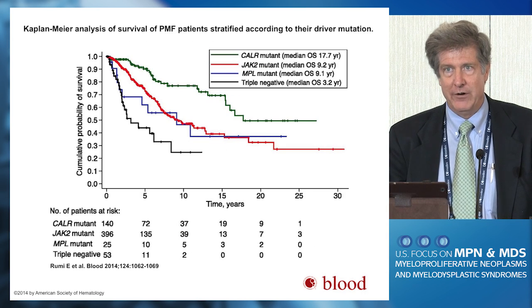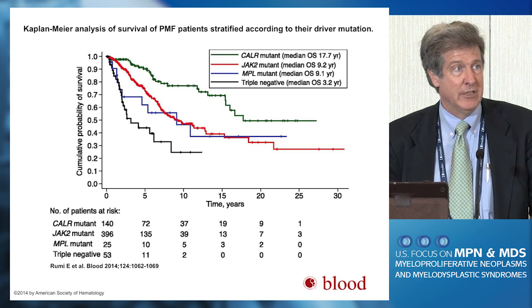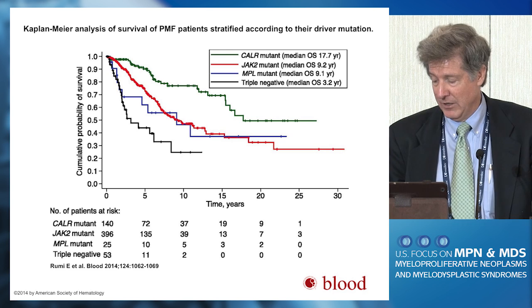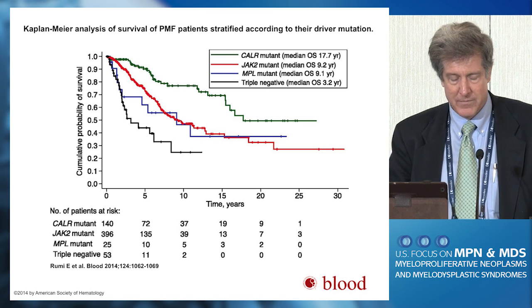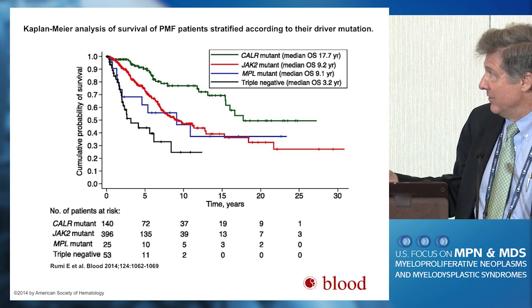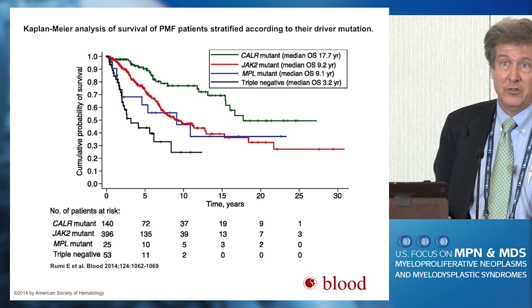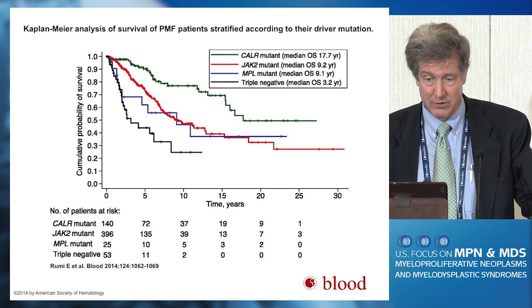And this is carried over not only to the phenotype presentation, but also to the natural history of disease. And patients who have the so-called triple negative MPNs have an average survival that's really only 1/5 of patients who have calreticulin mutation.